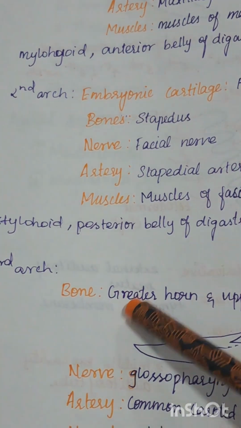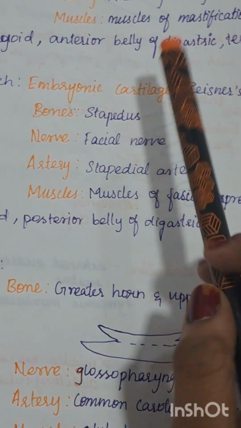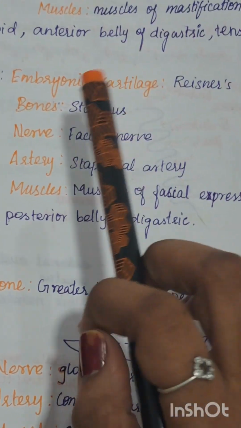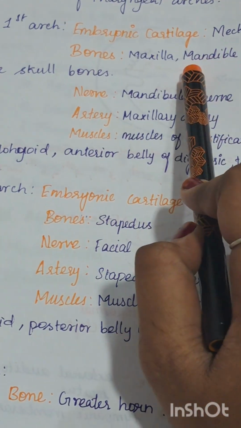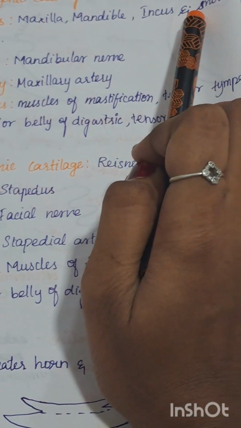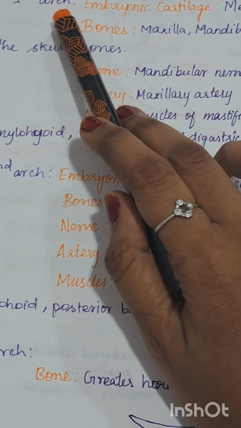For the third arch and further arches, we do not have embryonic cartilage. The bones from the first arch are the maxilla, mandible, incus, and most of the skull bones will be formed from the first arch.